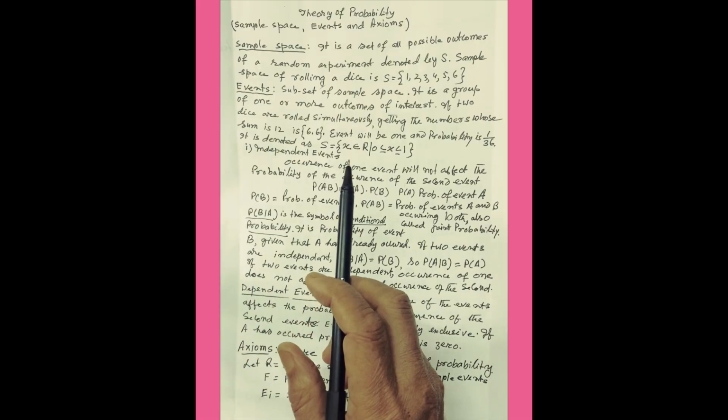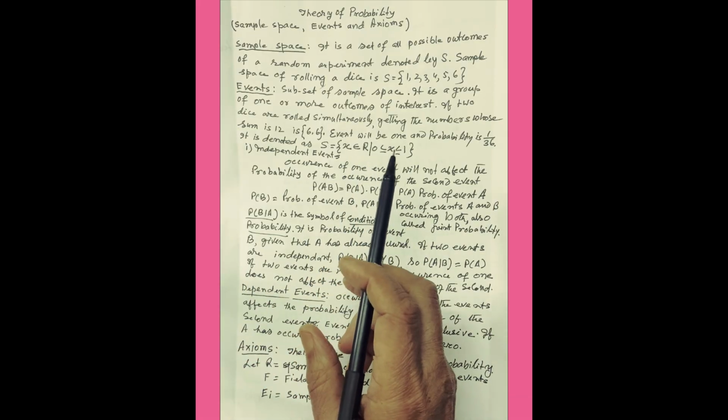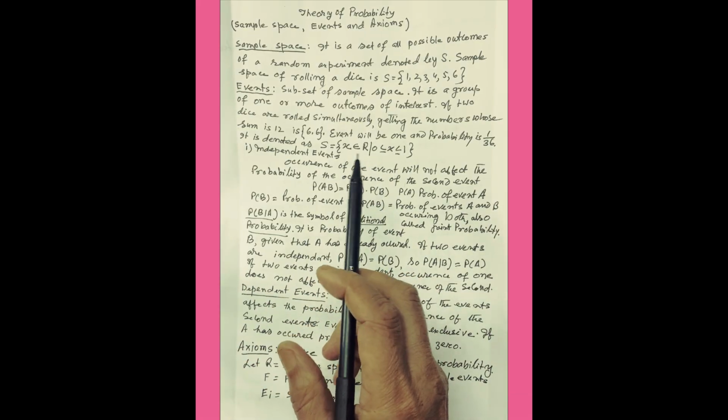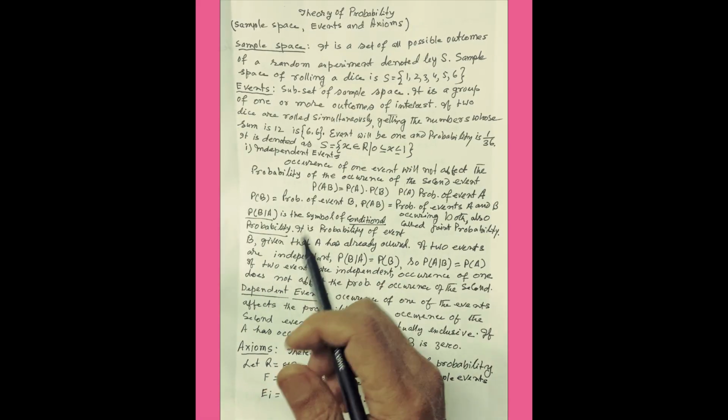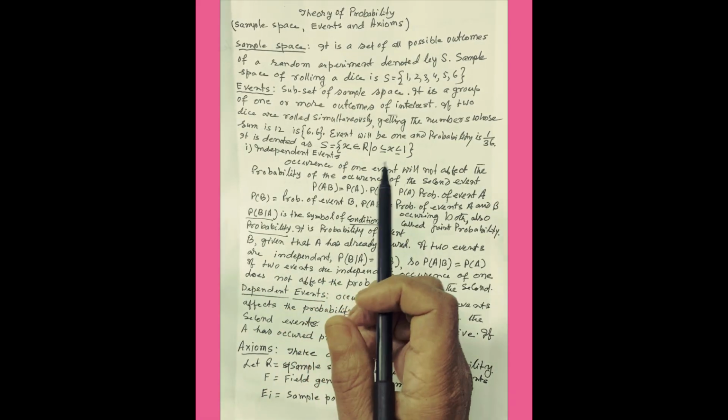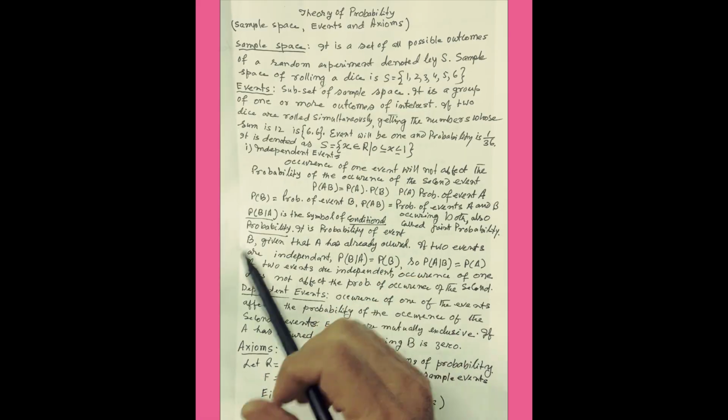So total possible outcomes are 6. It is denoted by S. So S is equal to this set, so we should remember the set theory.